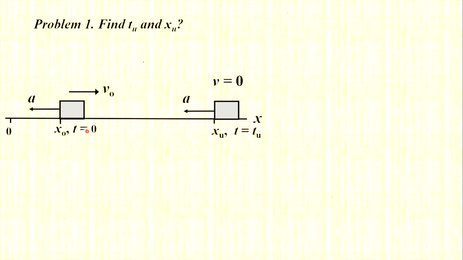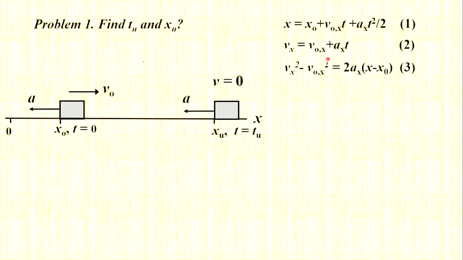First of all, we know the initial conditions, so we know initial acceleration, initial position, and initial velocity. Now we know the final velocity of the object at the U-turn point. Of course, the object will move later to the left, but at this moment its velocity is equal to 0.